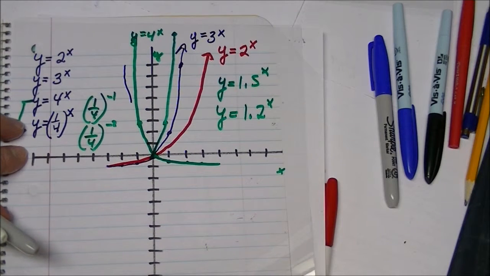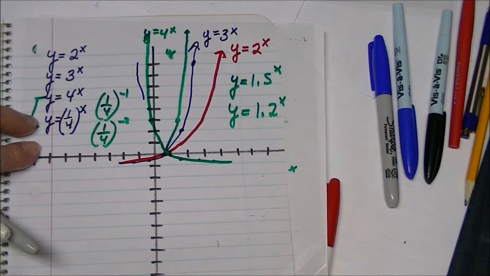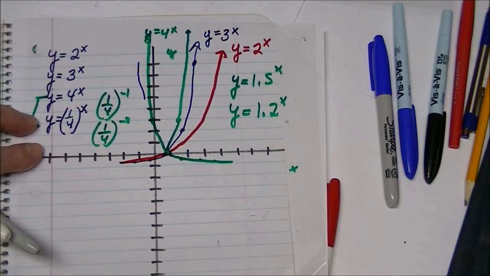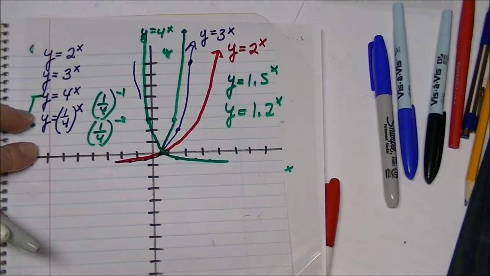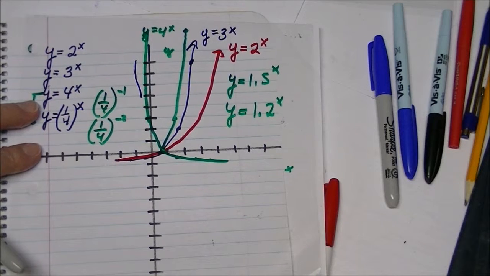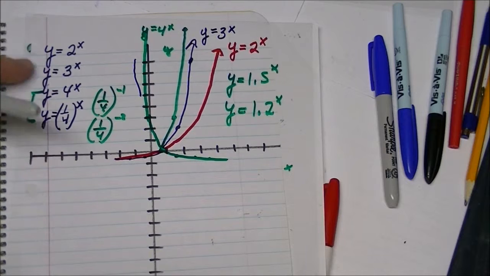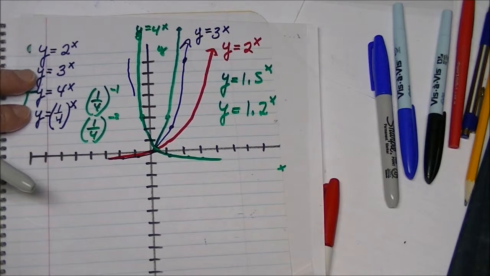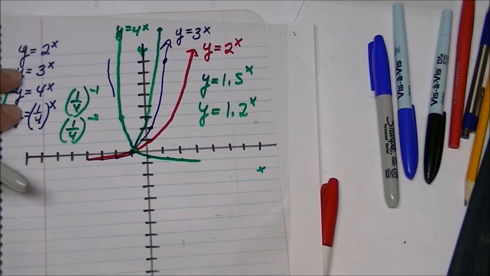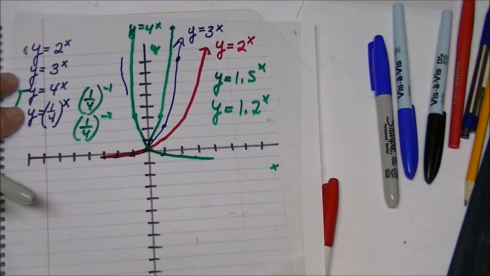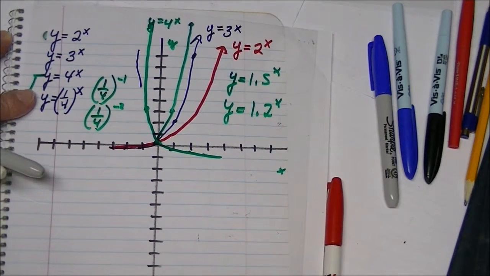If it were a negative 1 in the parentheses with the exponent, it would shift this way, as we've talked about. And if it were a positive 1, it would shift the other way. Okay, so lots of things about plotting exponential functions.